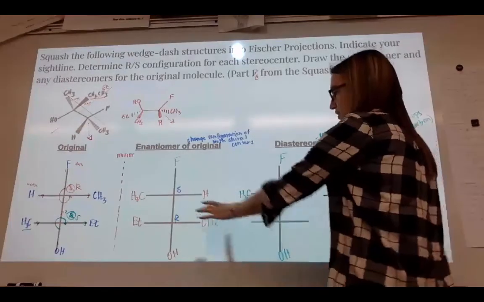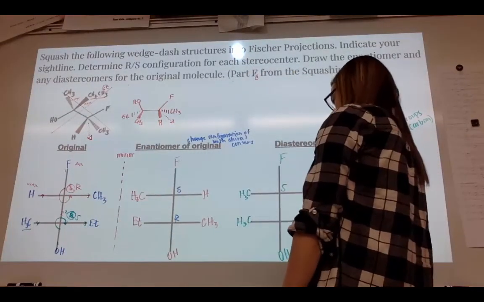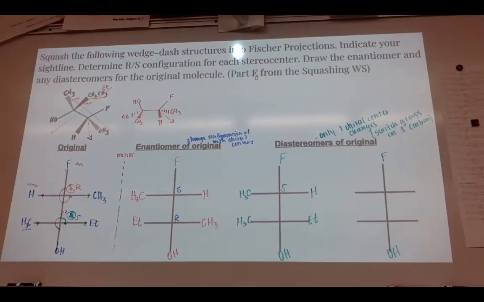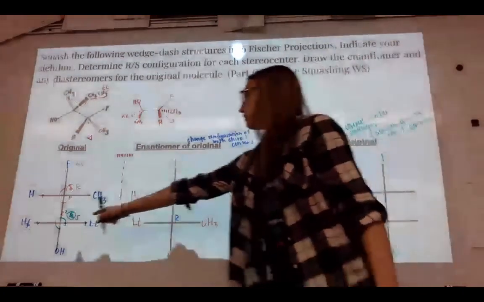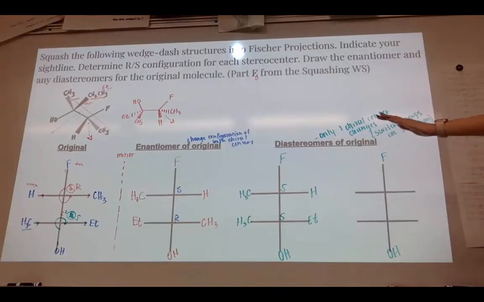And then I'm going to leave the two on the second carbon alone, because we can only change one carbon at a time. So if it was S, it's still S. Notice how from the original to this first diastereomer, only one chiral center changed configuration.